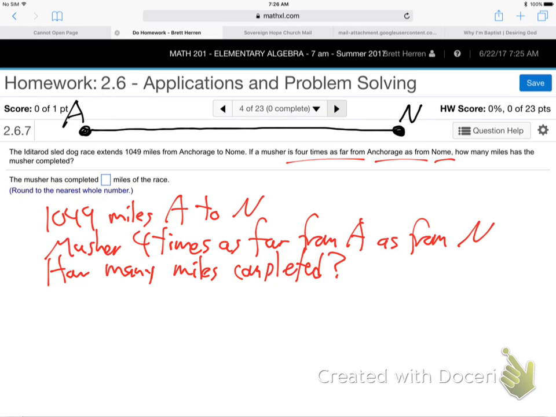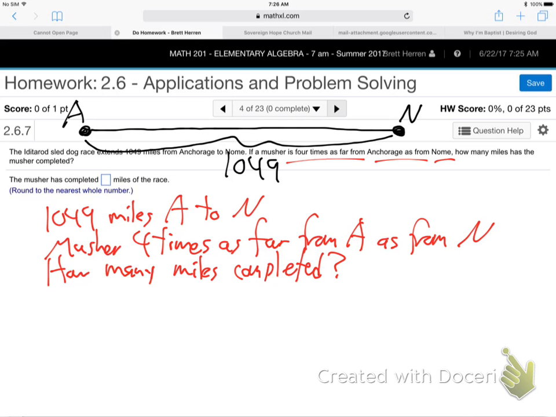It goes from Anchorage to Nome, and that's a total distance of 1,049 miles. And the musher is 4 times as far from Anchorage as from Nome on that.